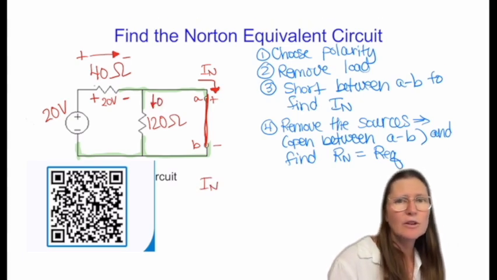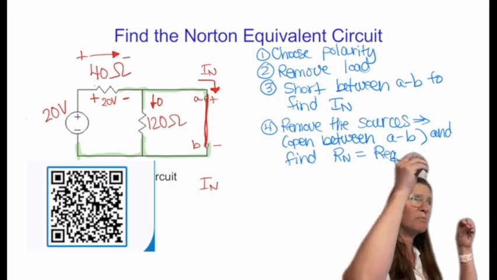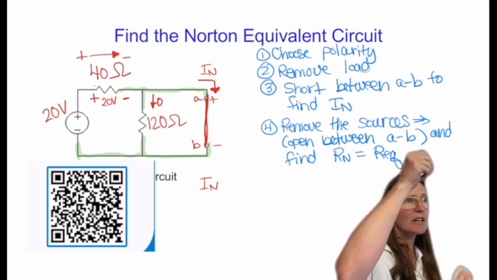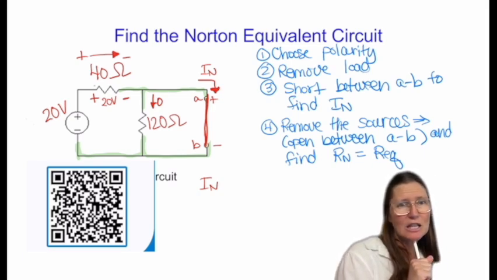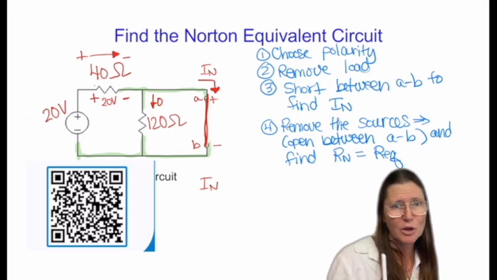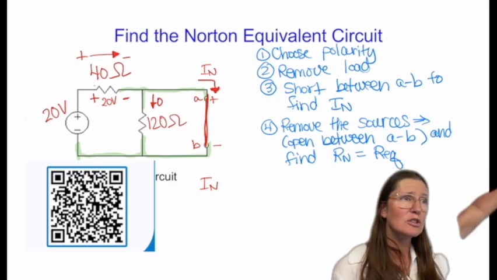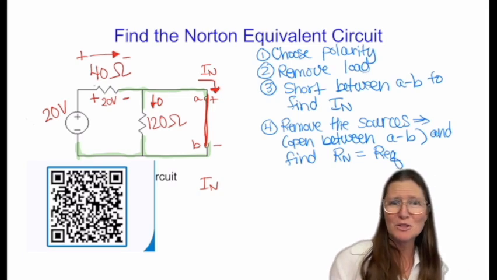This will have 0 current. If a branch only has resistances in it and no sources, it's only shorting that element. So the 120 has no current flow, but there is current flow where there's a source in the branch. That seemed to be a concept that quite a few of you missed on the quiz.